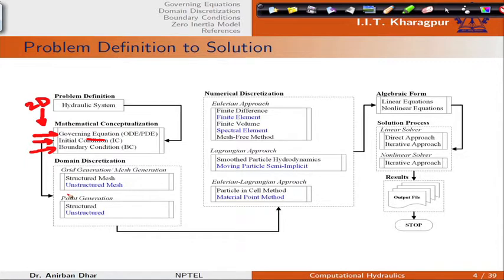So, in this case we need to discretize our domain either with structured or unstructured mesh, or with structured or unstructured point generation. So, let us consider the case where we have utilized finite volume method.